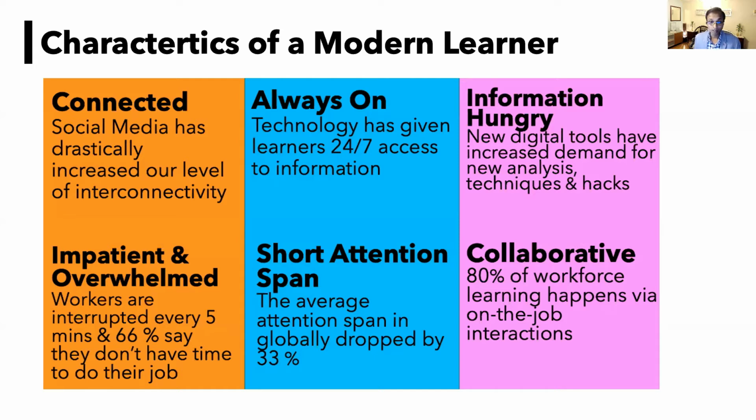And in fact, surprisingly, 40 to 45% of those between 46 to 64 or baby boomers are on social media. So in short, the world has really become very small. We are so connected now in one way or the other. So in effect, I would say we are all modern learners.